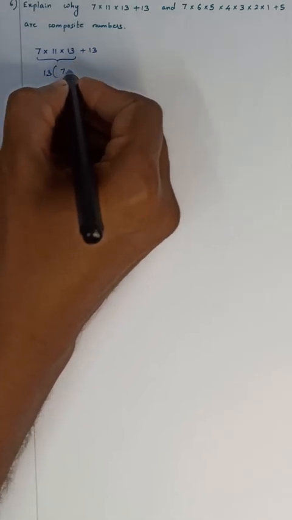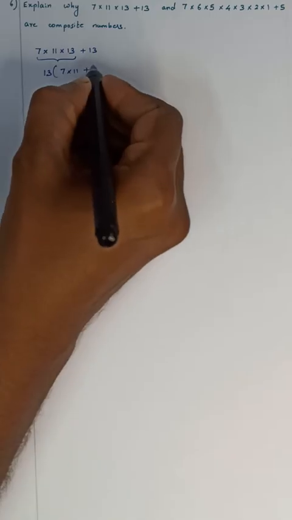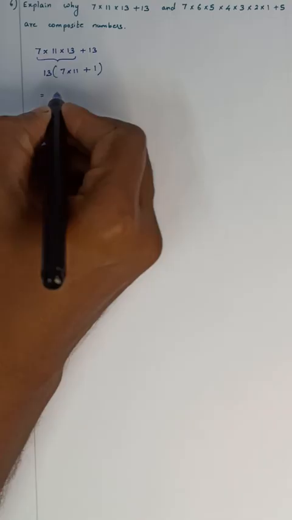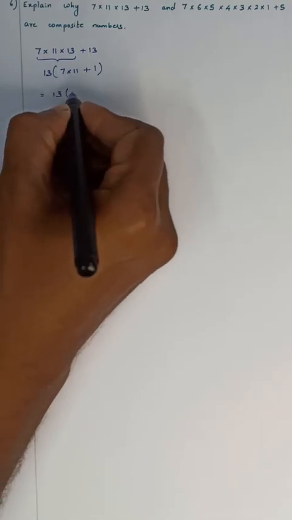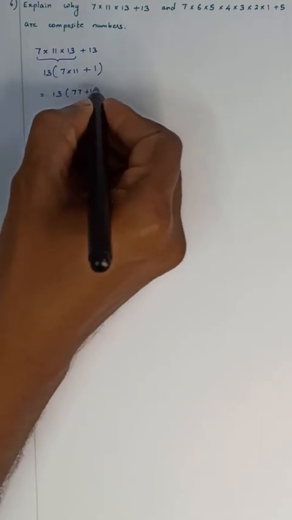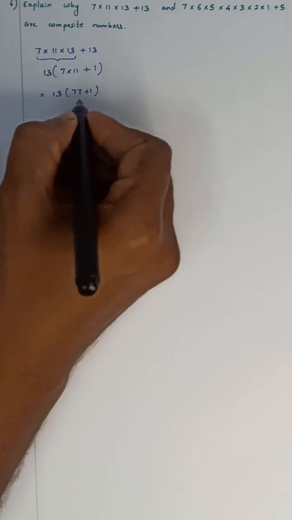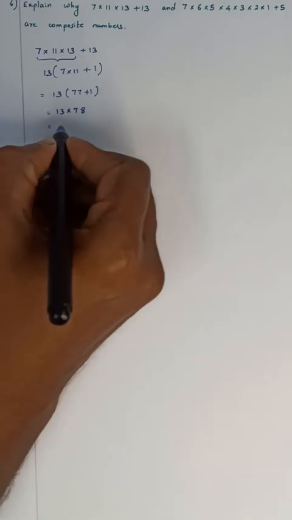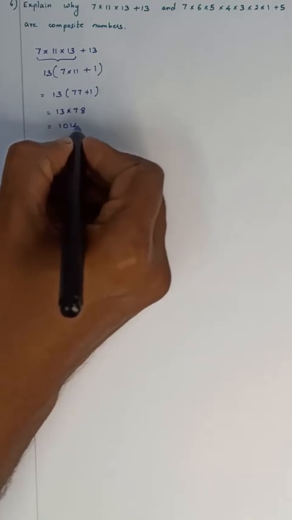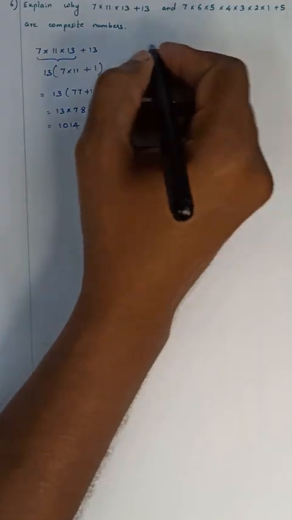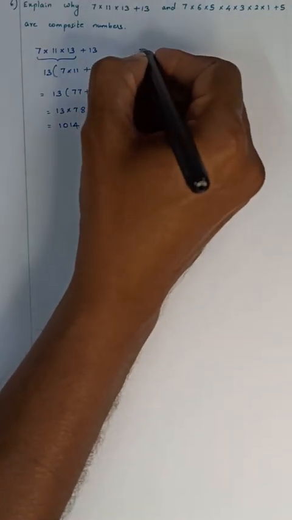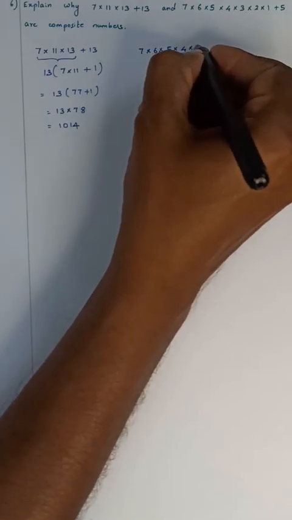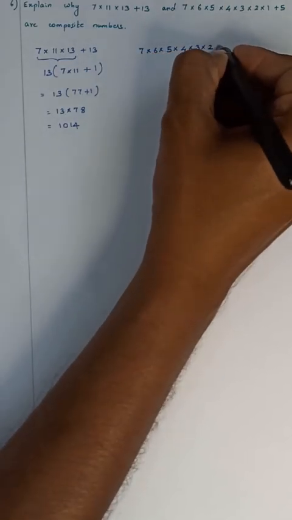So we get 13 into 7 into 11 plus 1, which is nothing but 13 into 77 plus 1, equal to 78. So 13 into 78, which is equal to 1014.